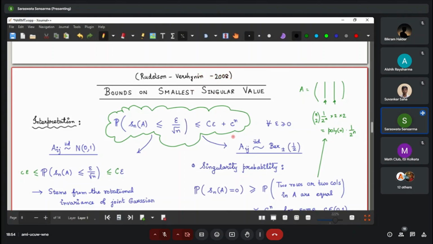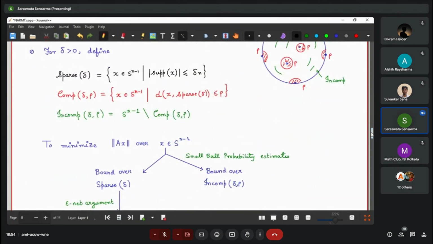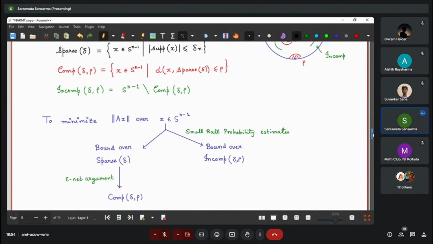Whereas the bounds on the largest singular value have been known since antiquity, people in the 1970s knew how to work with it. So these are cutting-edge problems, and since you're doing something cutting edge, it will be a lot more involved. But this is our approach: we split the sphere into compressible and incompressible parts and then work with that. Of course, sparse vectors are automatically compressible vectors.